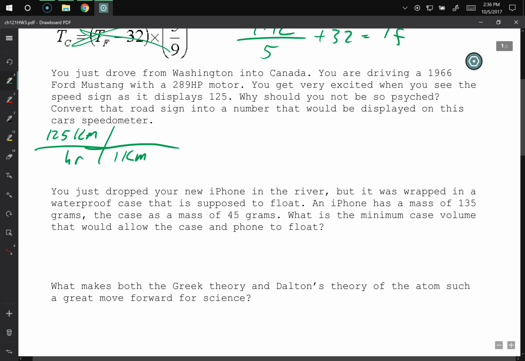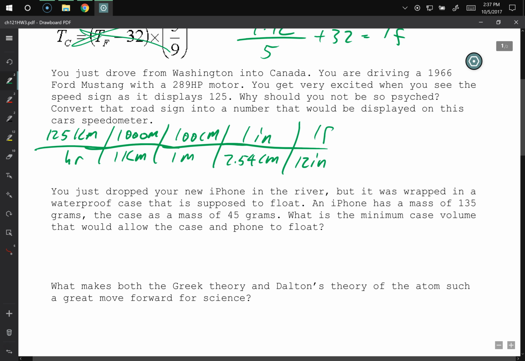1 kilometer is 1,000 meters. And 1 meter is 100 centimeters, and 2.54 centimeters is 1 inch, and 12 inches is 1 foot, and 5,280 feet is 1 mile.